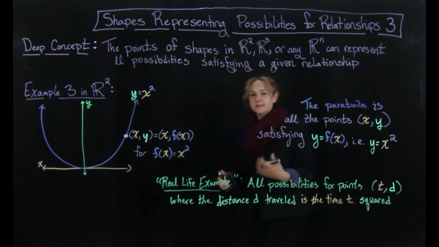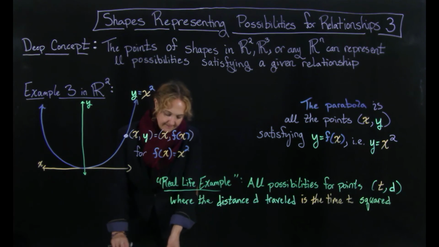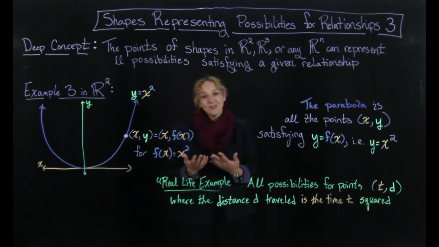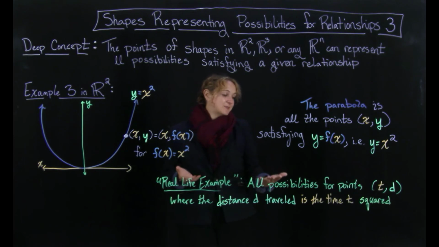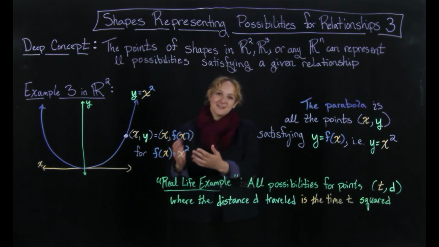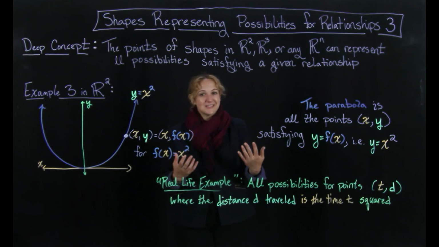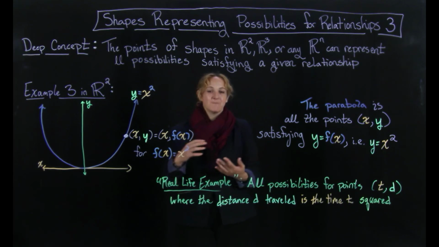So in this case, it's this relationship between the time and the distance that's traveled in that time. But in this particular circumstance, because of the function, this distance would actually be the time squared. And it would have to be that.